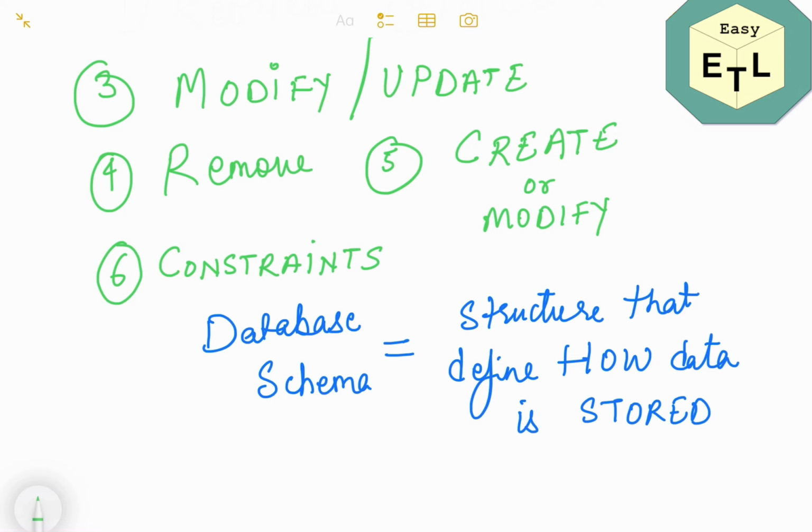We cannot insert anything which is a string, right? So these are some of the constraint examples that we want to put on for users who want to insert or manipulate the data in our tables, right? So complex queries are built using SQL to analyze and manipulate data which is there in our database tables, right?